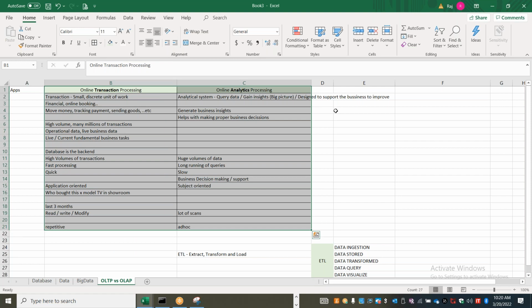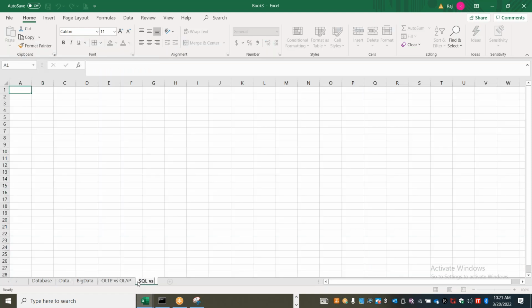Or next comparison. So OLTP is always real-time writes and updates, maybe a money transfer, filling a form, registering for a course, ticket booking, whatever. Now let's compare SQL versus NoSQL. I know it's a lot of theory, but this is something you should have as fundamental knowledge.